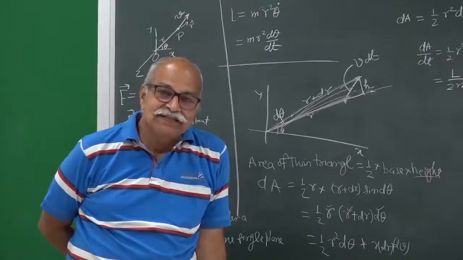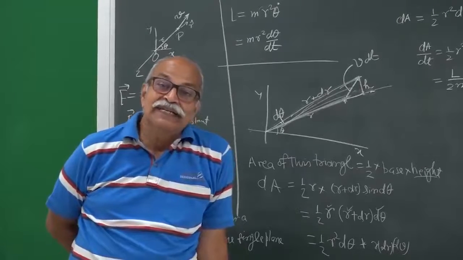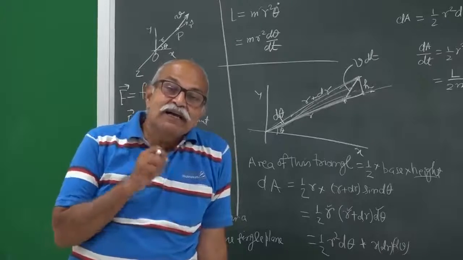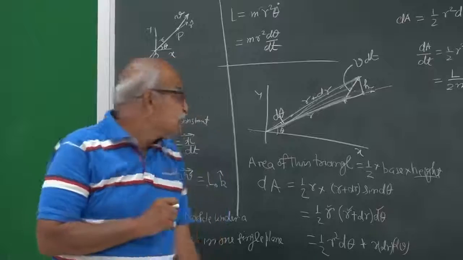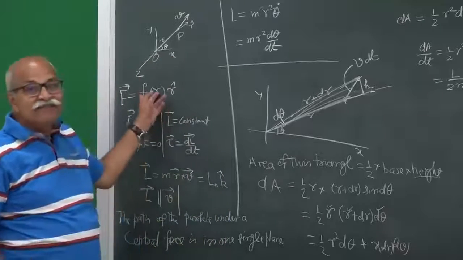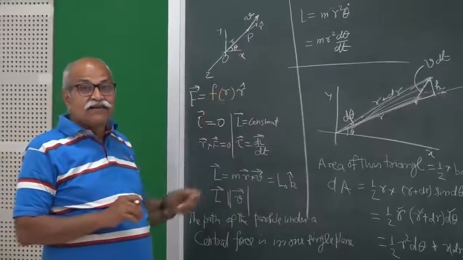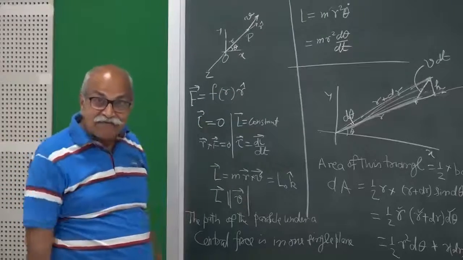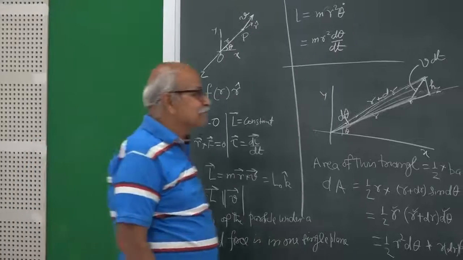L is a constant. L by 2m is a constant. So, whatever be the functional form of that central force f of r, for all central motions this is true. The radius vector sweeps equal area in equal time, because the rate at which this area is swept is constant.